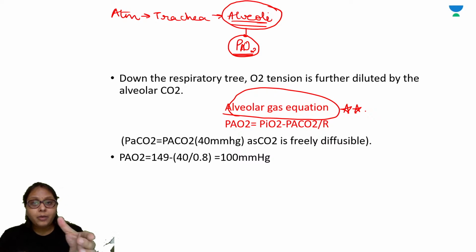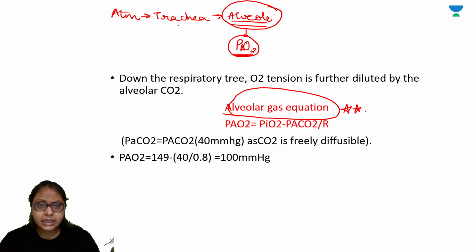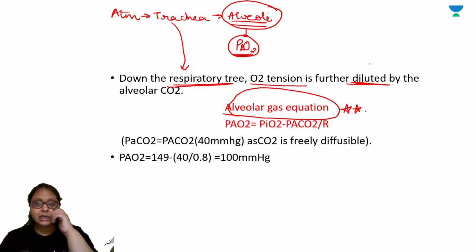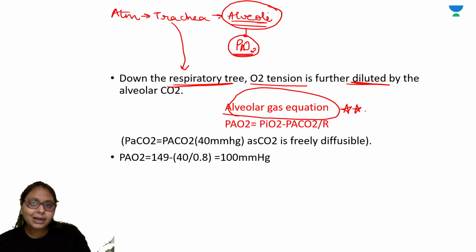So from the trachea, when oxygen comes down the respiratory tree, we say that the oxygen tension is further diluted. The oxygen tension which was around 149 comes down to 100. Now why is it coming down to 100?